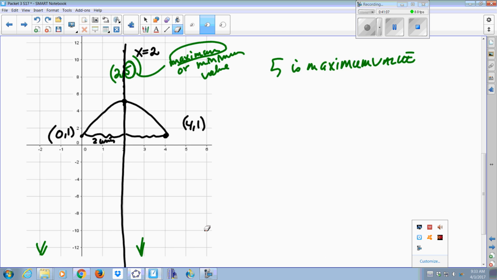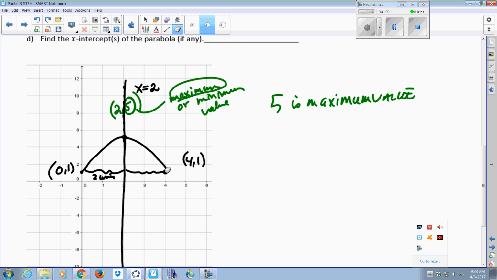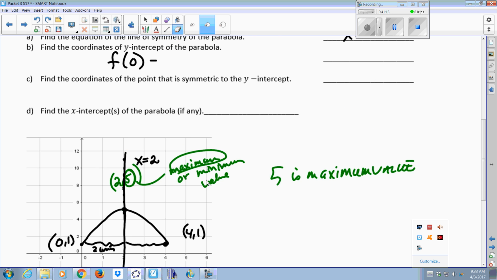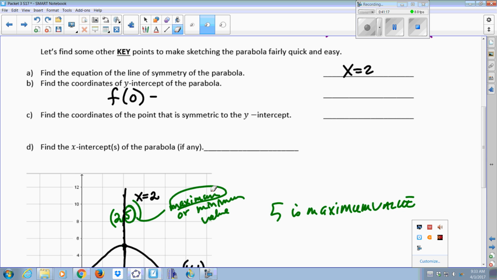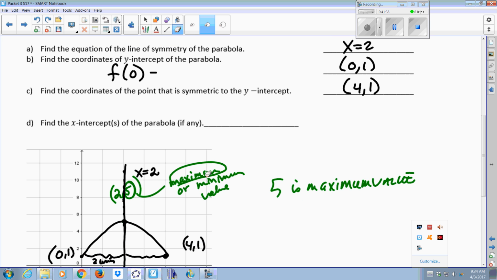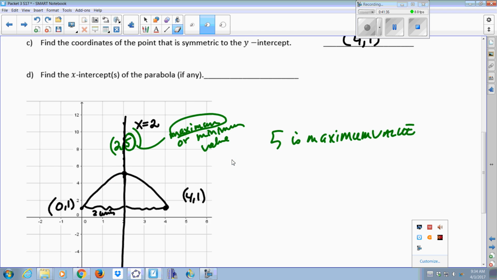So once you find your y-intercept, you can always find its partner in crime, which is on the other side of your vertex, the same distance away at the same height. So our y-intercept is 0, 1. The point symmetric to the y-intercept is 4, 1. Okay, so we've got the vertex, we've got the line of symmetry, we've got the y-intercept, one other point, and now all we have to do is find the x-intercepts.